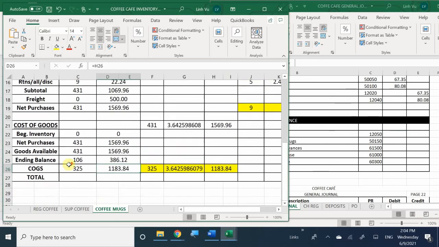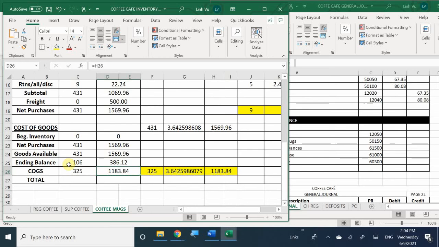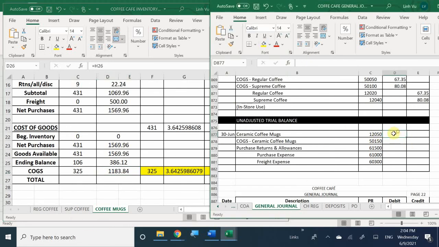My question is, how much is your ending inventory? 386 and 12 cents.